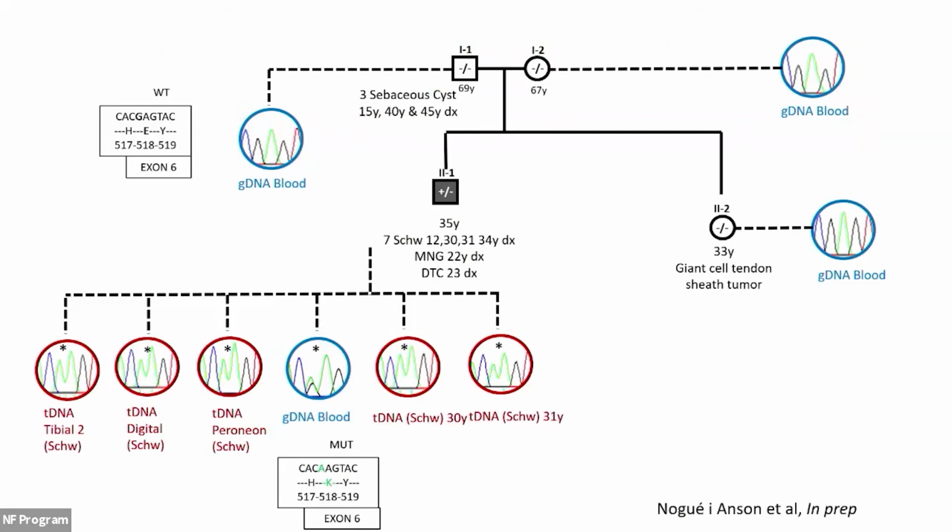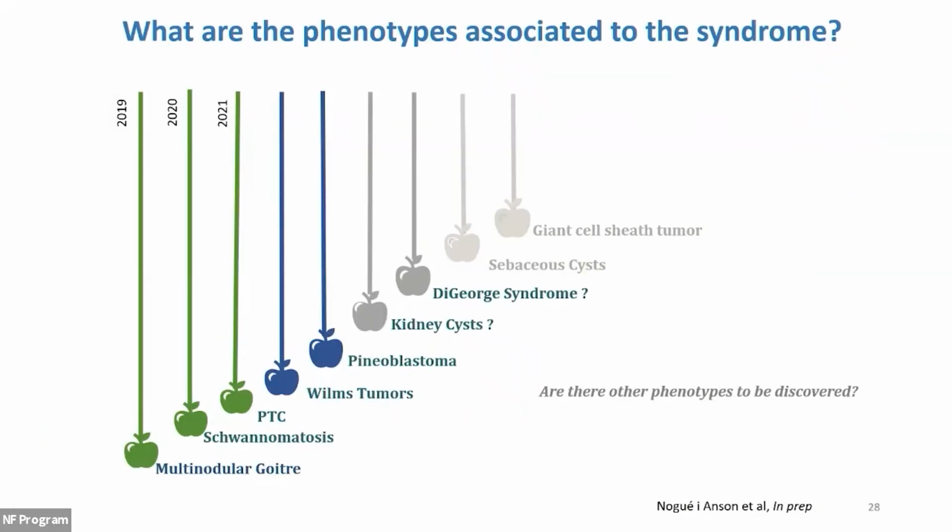This is how the pedigree looks now. It seems to be de novo, neither the father nor the sister are affected, confirming also that those are 2 features that go together, MNG and schwannomatosis. The 5 tumors that we gathered from him, schwannomas, they all had LOH at the mutation spot.